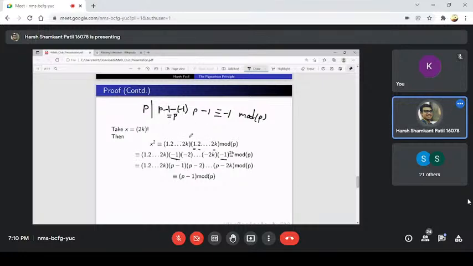Or you can say that p is congruent to 0 modulo p, and minus 1 is congruent to minus 1 modulo p. We can just add these two things and get this. Similarly for minus 2 up to minus 2k.